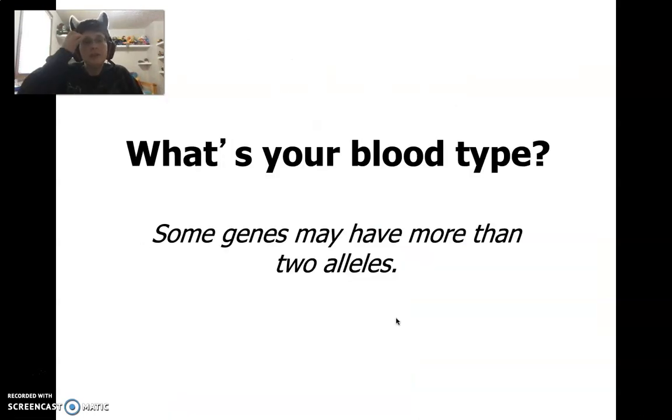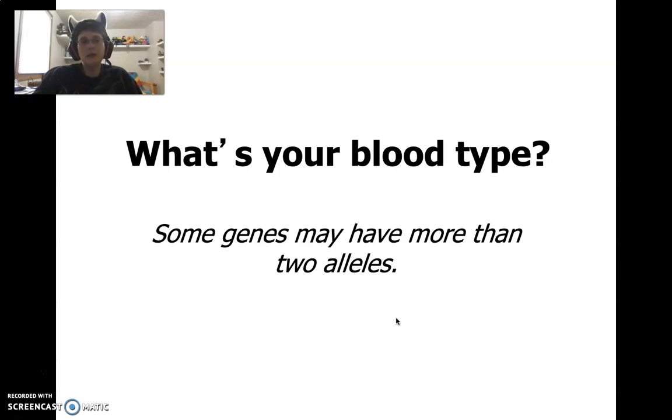Let's stick with blood types because blood types actually give us a couple more ways of breaking Mendel's rules. Mendel was just looking at two alleles: A or B, short or tall, purple or white.